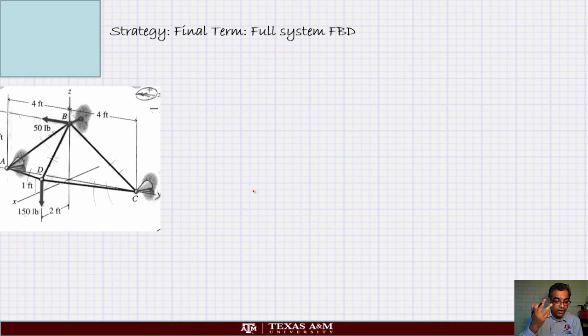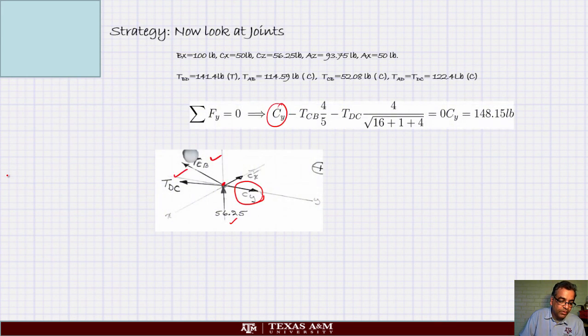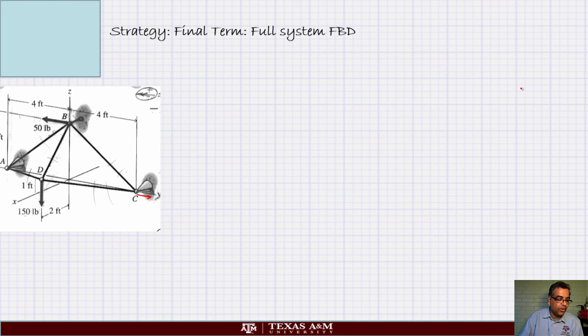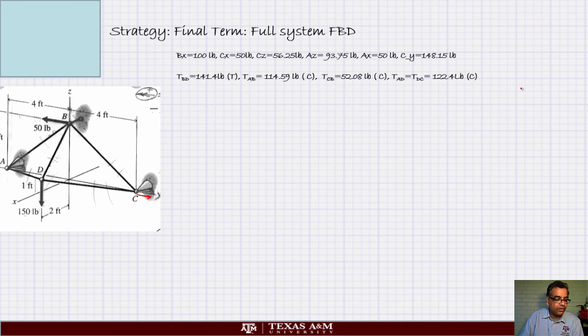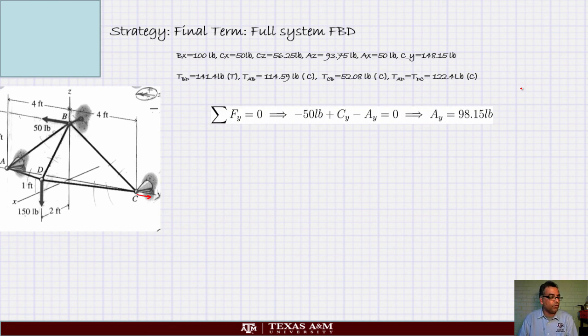You remember we didn't know one of those forces. When we did the full system, we were not able to compute the CY and AY. Now remember, we computed CY from the previous one. Can you see that? From the previous one we computed CY, so I can go there and substitute it into the AY, and if I sum all the forces in the y direction, I will be able to get AY.